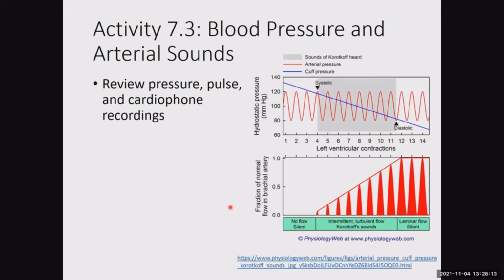The third activity focuses on blood pressure and arterial sounds. It's a similar activity, using the blood pressure cuff and the pulse transducer, but we're also going to be using a cardiophone. This is a substitute for the stethoscope, but it allows us to collect the information within our PowerLab systems.